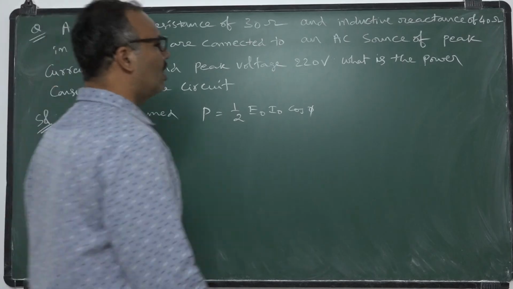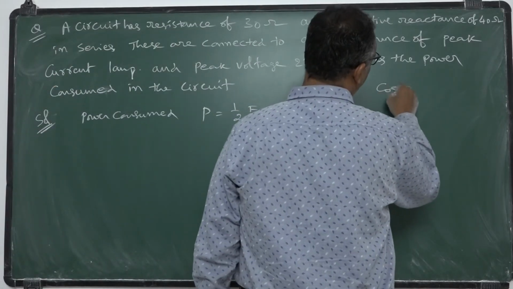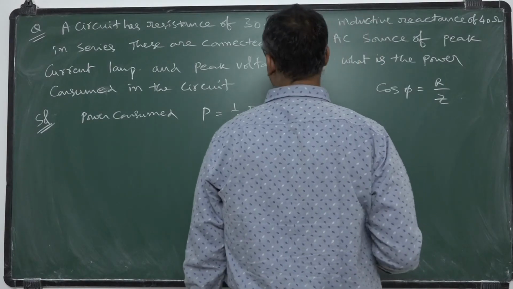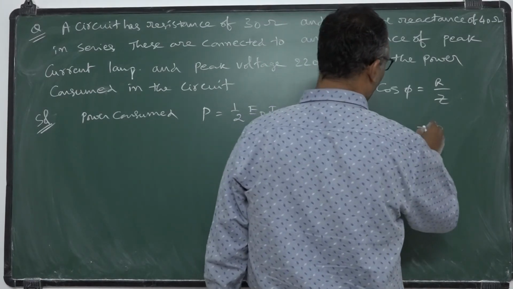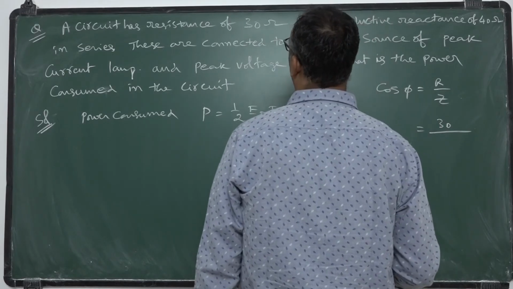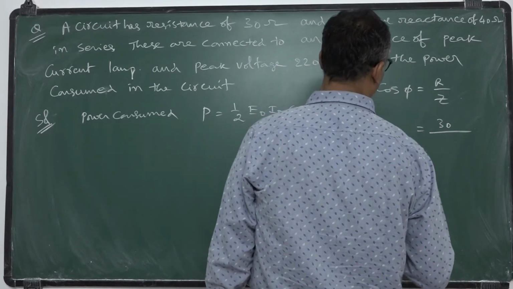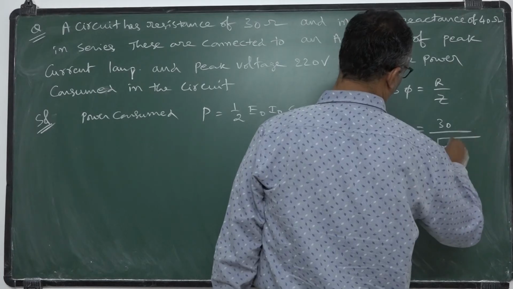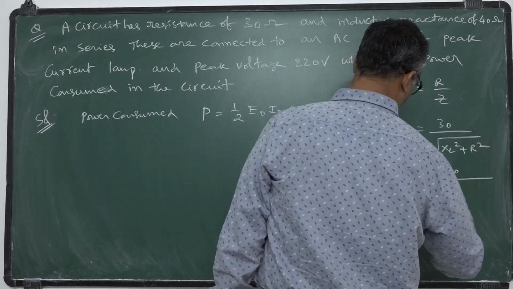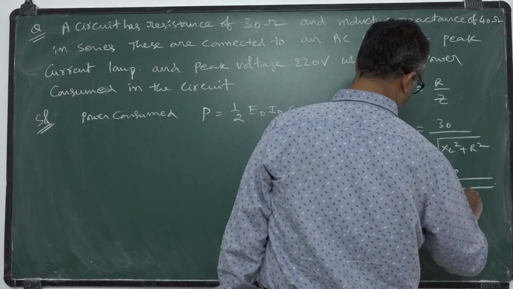You can calculate cos phi value as R by Z. You are given the resistance value 30, and the inductive reactance they gave. Impedance is root of XL square plus R square, so 30 by square root of 40 square plus 30 square.